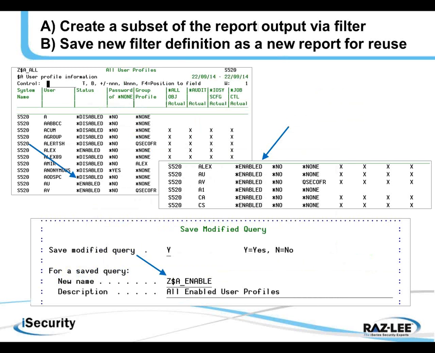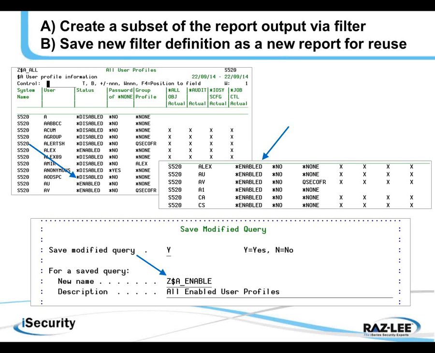We can also, for example, create a subset of a report output via filter. We're looking here at the output of all user profiles. Some user profiles are disabled, some are enabled. And if we click F7 on this screen, we can easily create a subset of only those user profiles that are enabled.